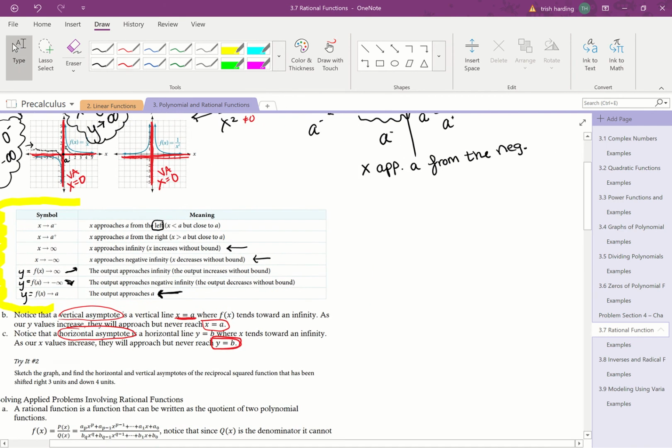Okay, so we're going to try number 2. We're going to sketch the graph and find the horizontal and vertical asymptotes of the reciprocal squared function that has been shifted right 3 units and down 4 units. So that would be 1 over (x minus 3) squared, minus 4.